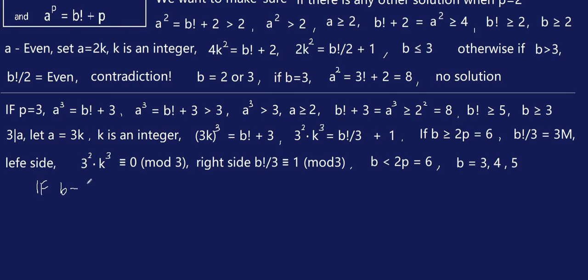If b is equal to 3, then a cubed equals 3 factorial plus 3, which is equal to 9. So no solution in that case.